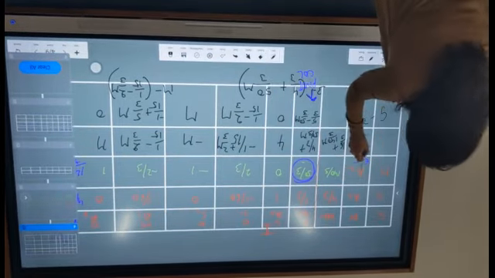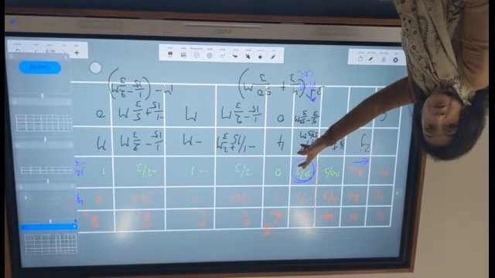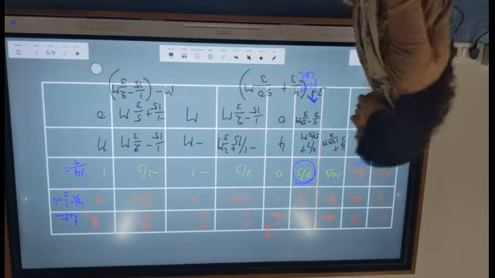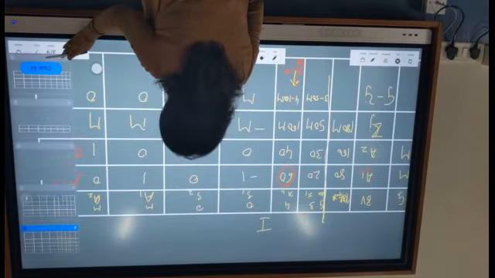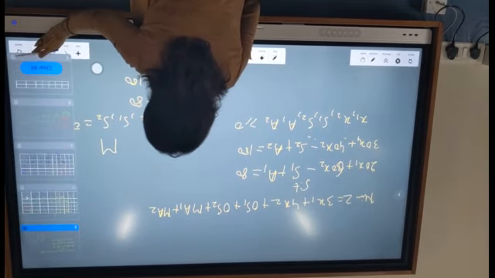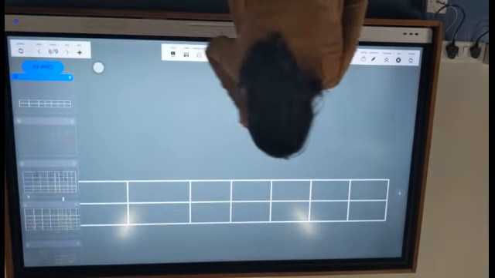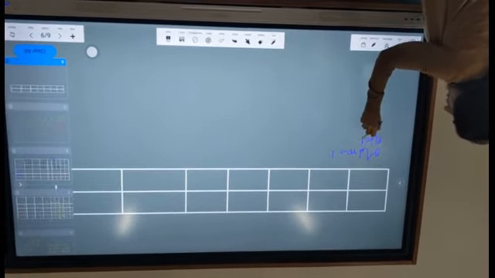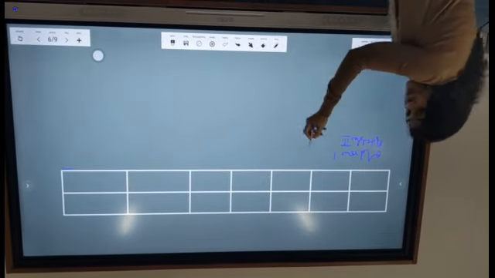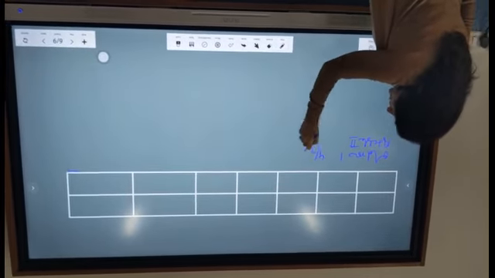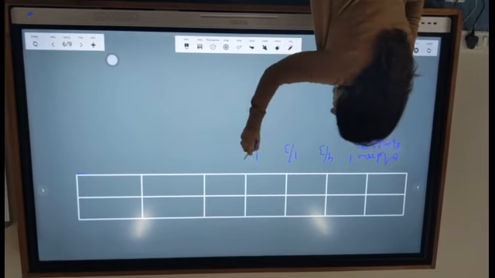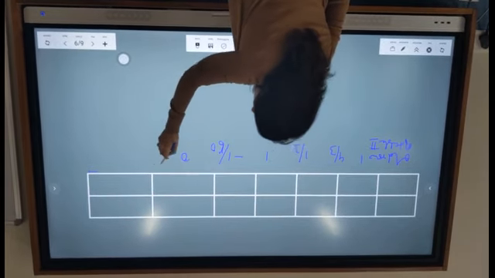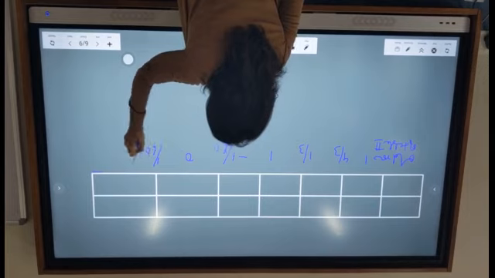So I will take old row 1 of table 2: 4 by 3, 1 by 3, 1, minus 1 by 60, 0, 1 by 60, 0.